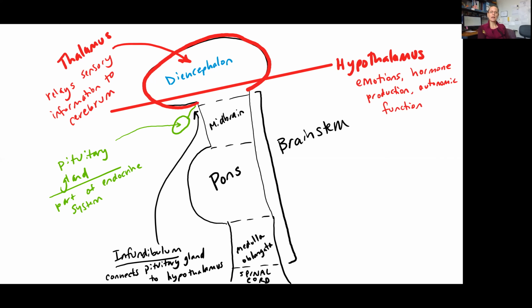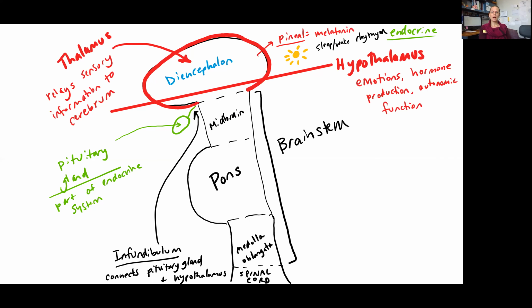The pituitary gland is going to really be discussed heavily in the endocrine system. So while it's located in the brain, it's primarily an endocrine structure. So that means release of hormones. You have this little attachment tissue that connects the pituitary gland to the hypothalamus, and that is referred to as the infundibulum. So you can see that labeled there.